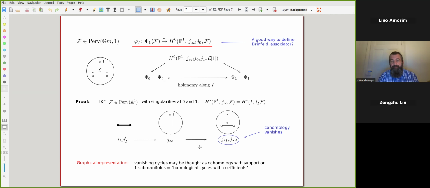The point is that this thing is homeomorphic to Gm, and we have our local system outside these 3 points, extended by shrink to infinity and by star to this other point, and this cohomology is always 0, so they vanish. So it means that the cohomology of this one is isomorphic to the cohomology of this one.